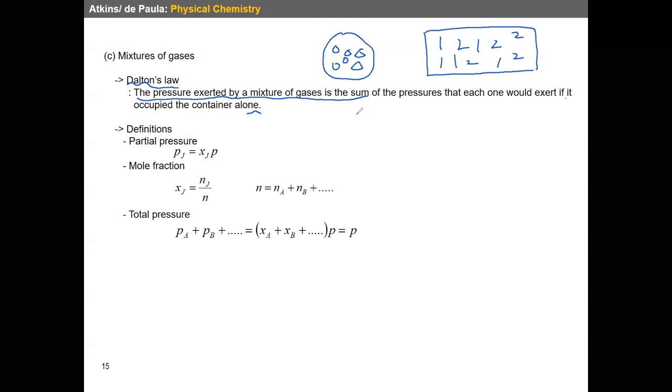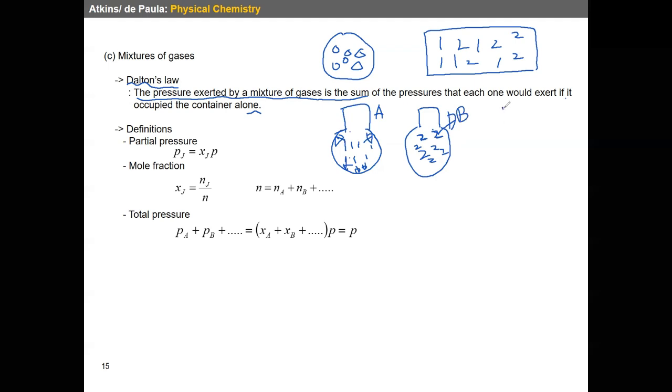For example, I will draw it for your understanding. Suppose there is a container alone with gas one, and this gas makes a pressure P1. And there is another container with gas two, and this gas makes a pressure P2.